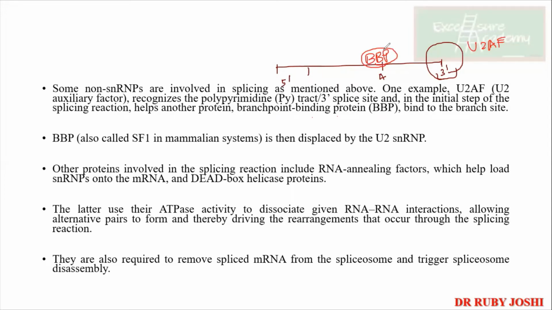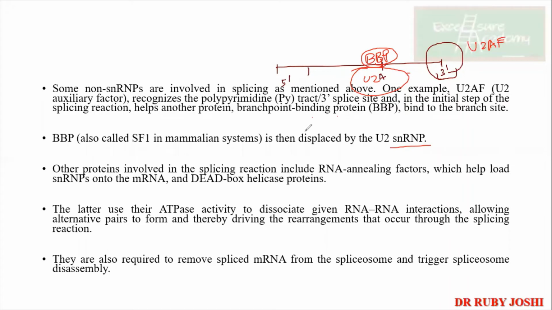And as I said before, BBP pulls the A out a little so that U2 can come and bind over here. BBP is then displaced by the U2 snRNP. As soon as it kicked off the A, U2 will come and bind over there.